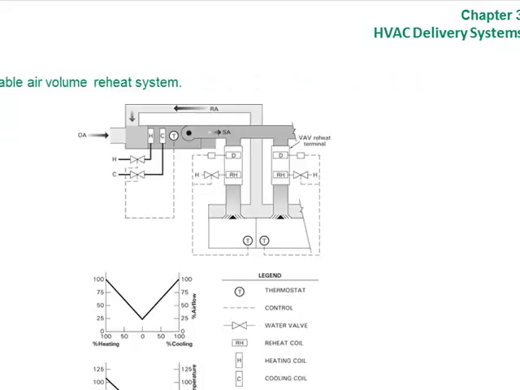So I'm not going to go into all of those. Another system is the variable air volume reheat system. That was an interesting system because you take the air, you cool it, and then you reheat it. It's kind of wasteful. It's one of the most expensive systems, but sometimes you need it for different reasons.